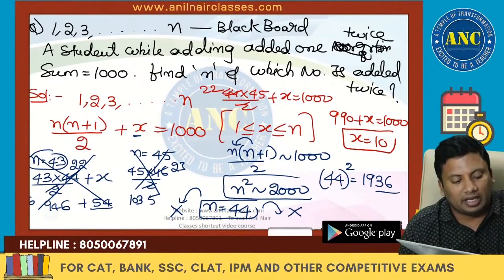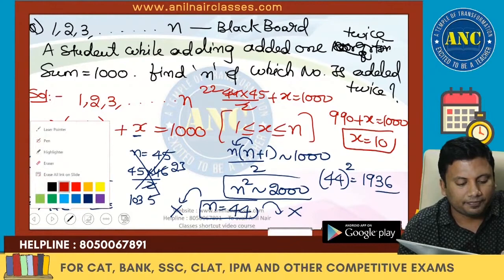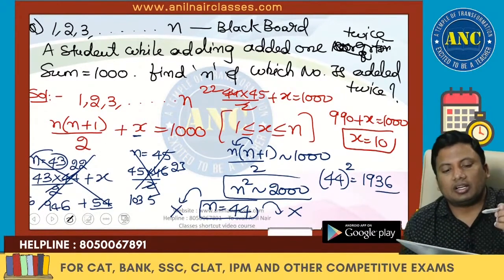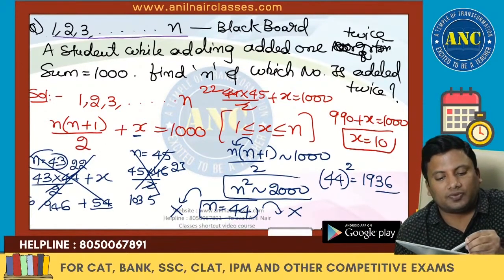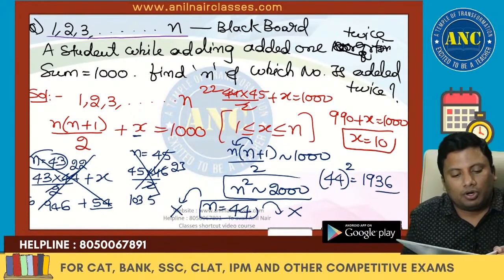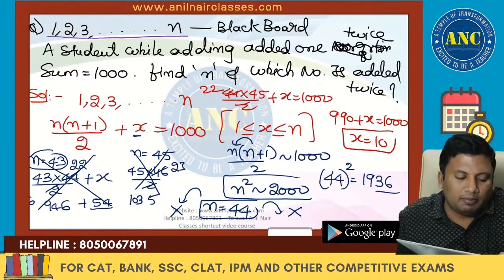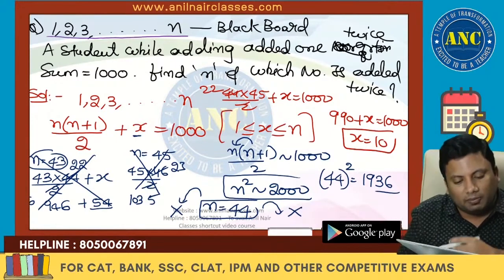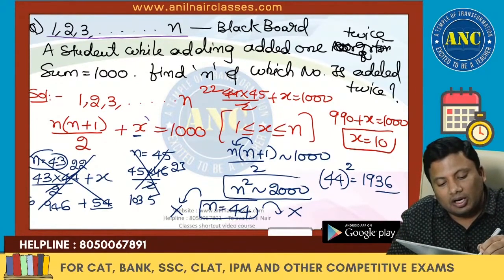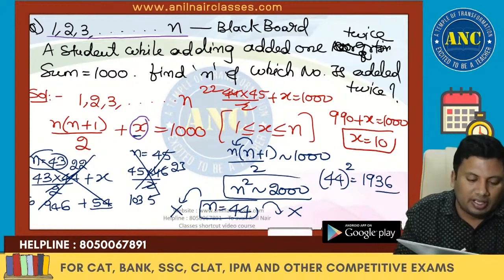Again I am repeating. Listen carefully, sir. There are certain consecutive natural numbers from 1 to n which are written on a board: 1, 2, 3 and so on up to n. Their sum is n into n plus 1 by 2. There is one number which is added twice, x.